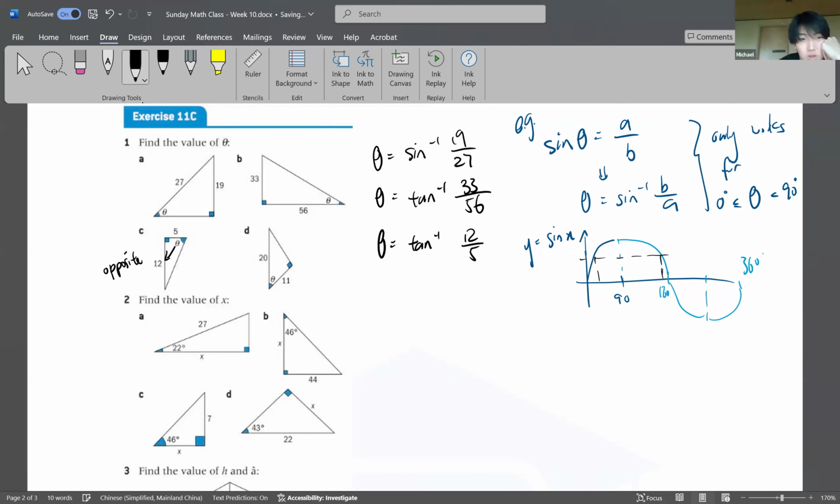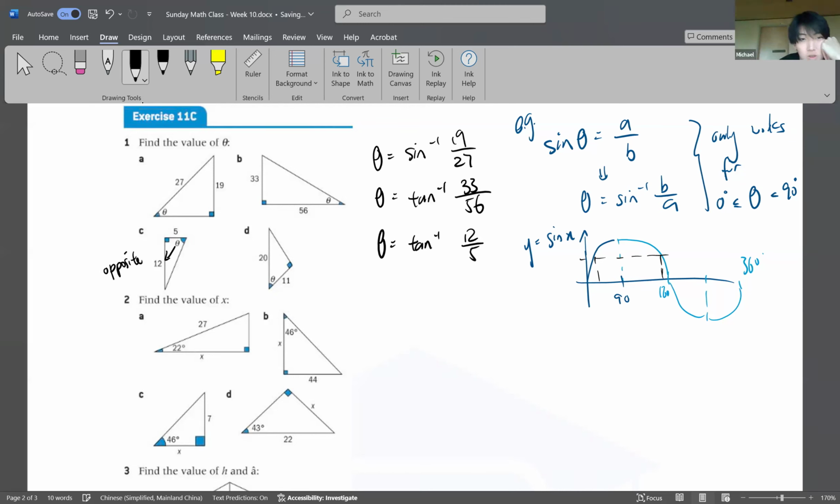All right, last one, Adriana. I got sine inverse 11/20. Why did you get sine? Is it not? Oh, okay, it's A. Label the adjacent and then opposite and then hypotenuse. Which one is 20? Oh, it's cos inverse.